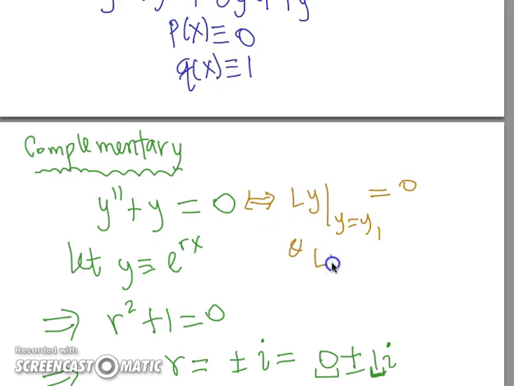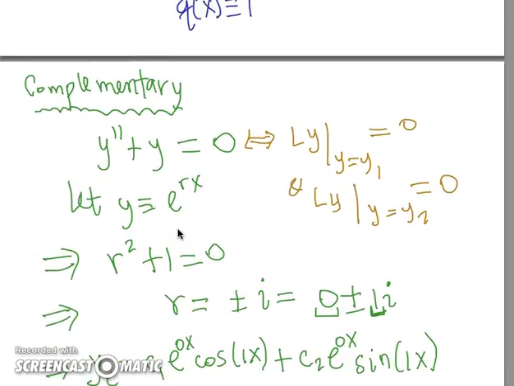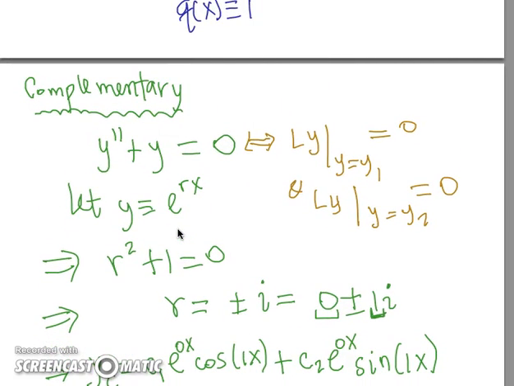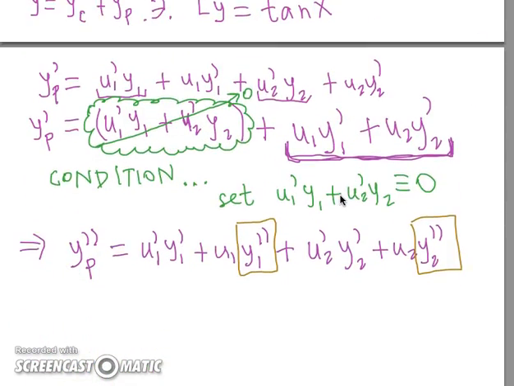And the linear operator evaluated at y sub 2 would also be equal to 0. You can see here how if the function y1 is cosine of x, the first derivative is minus sine, differentiate minus sine, that'll be minus cosine, negative cosine plus cosine, that's 0. And by virtue of the same properties of derivatives, you can easily verify that both cosine and sine satisfy that linear operator. So we're going to make use of that in here.